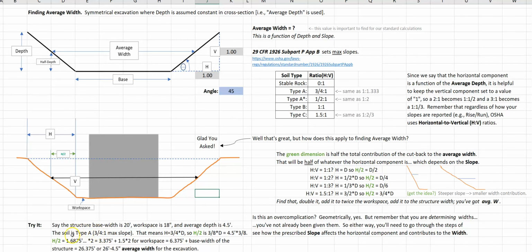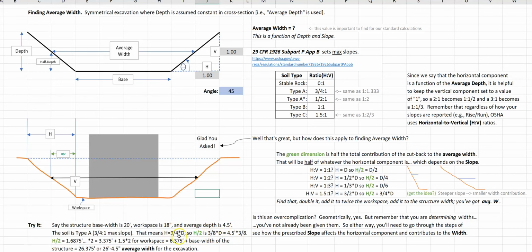So we're saying that the soil type is A. So that is, here we go, 3/4 to 1, or 0.75 to 1, horizontal to vertical. So the horizontal is less than the maximum, or the average depth rather. So horizontal is 3/4 D. So this H over 2 component, half of the horizontal, is going to be 3/8, right?